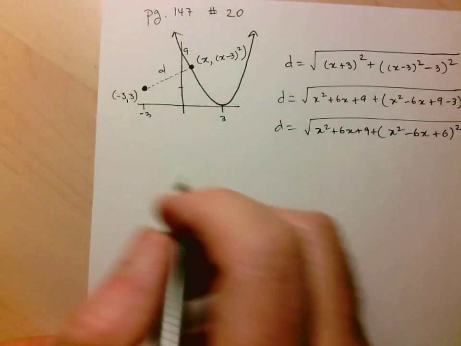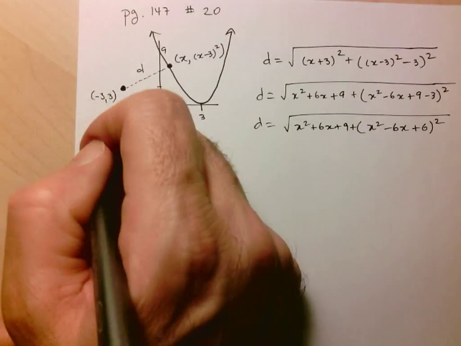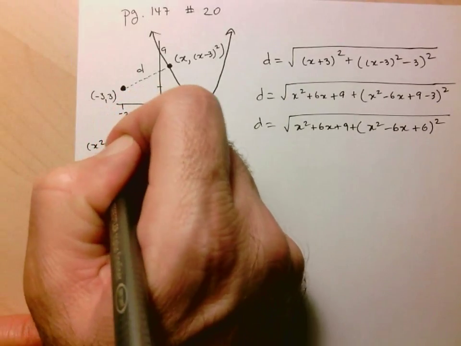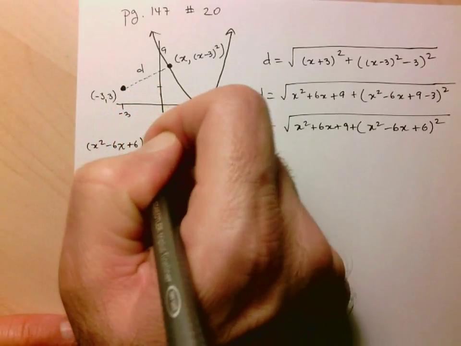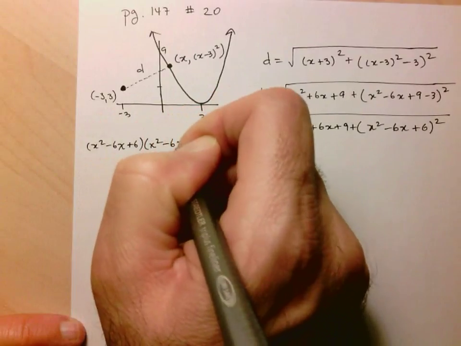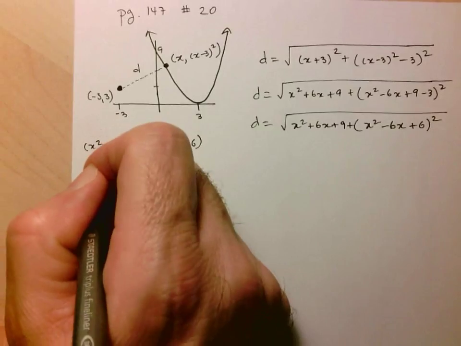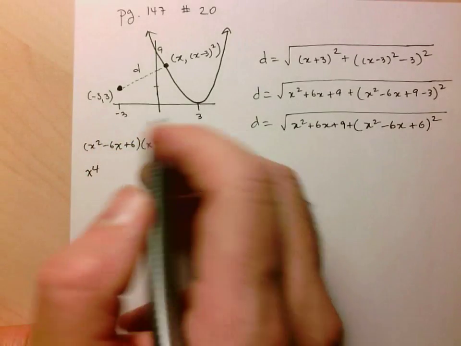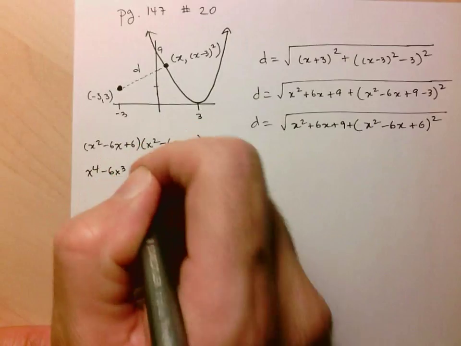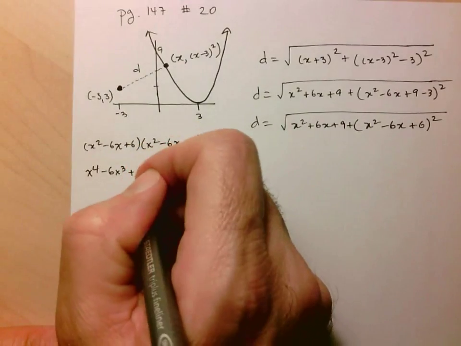On the side here, let me do that multiplication. We've got x squared minus 6x plus 6 times x squared minus 6x plus 6. Let's multiply this out. We've got x to the 4, minus 6x cubed, plus 6x squared.